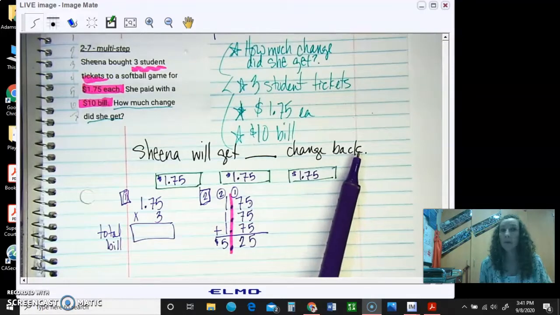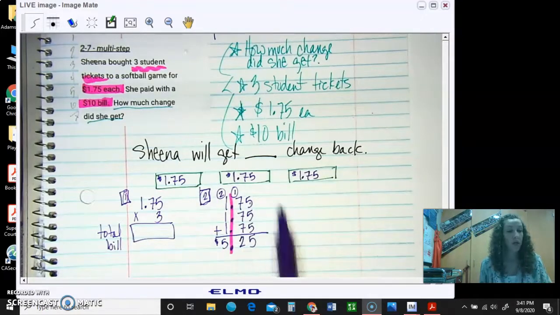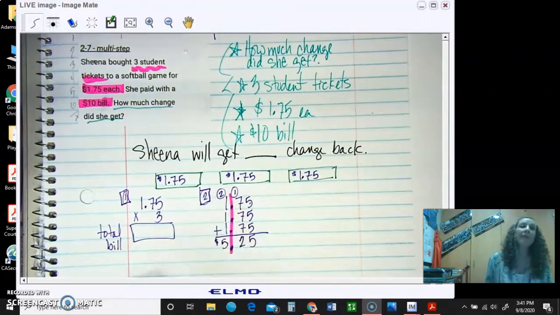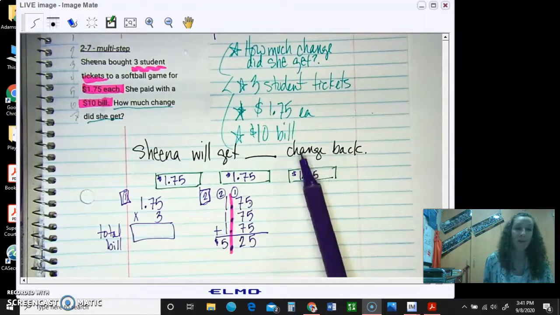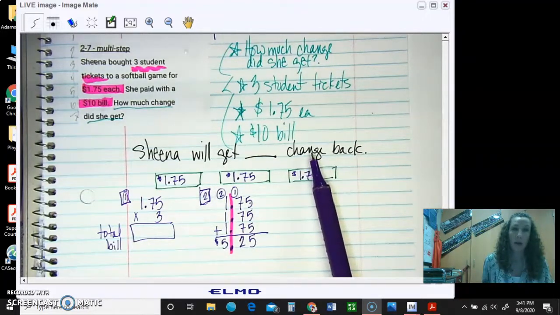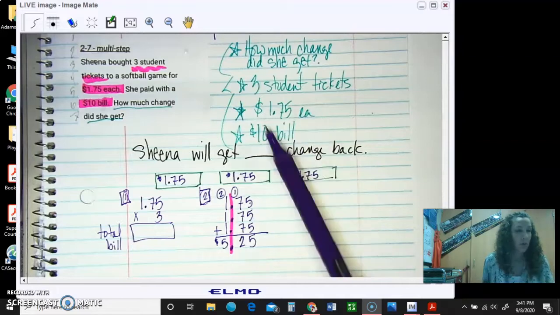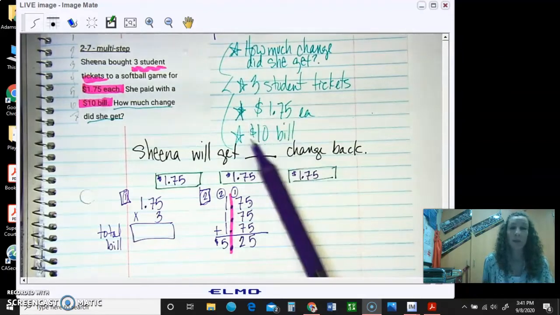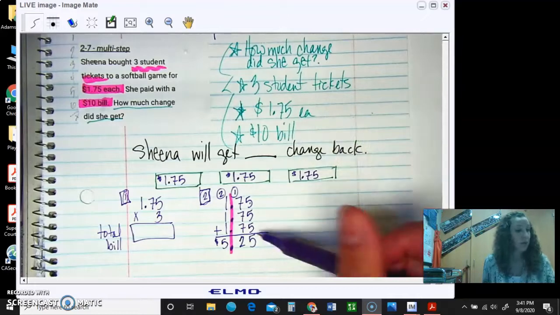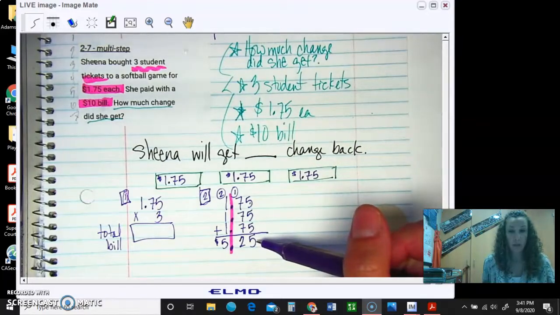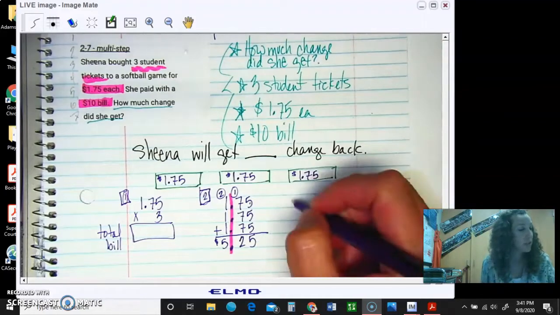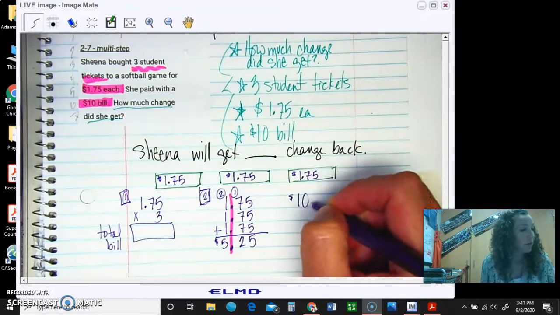Nope. So we've done one kind of math. Now we need to do another one. We need to figure out the actual answer to this. How much change? Well, this is where our $10 bill comes in. So she goes to the person selling the tickets. The person selling the ticket says, okay, Sheena, that will cost you $5.25. And Sheena says, okay, here's a $10 bill.